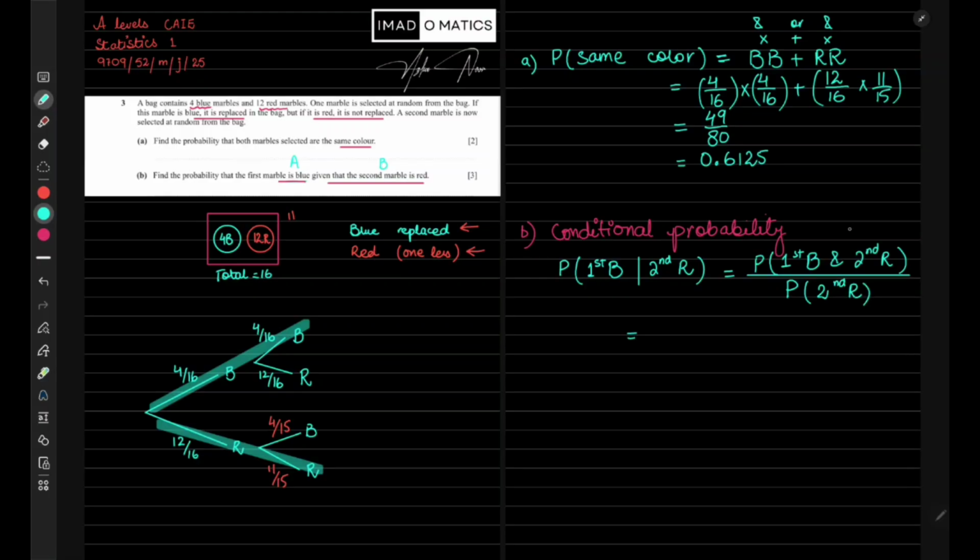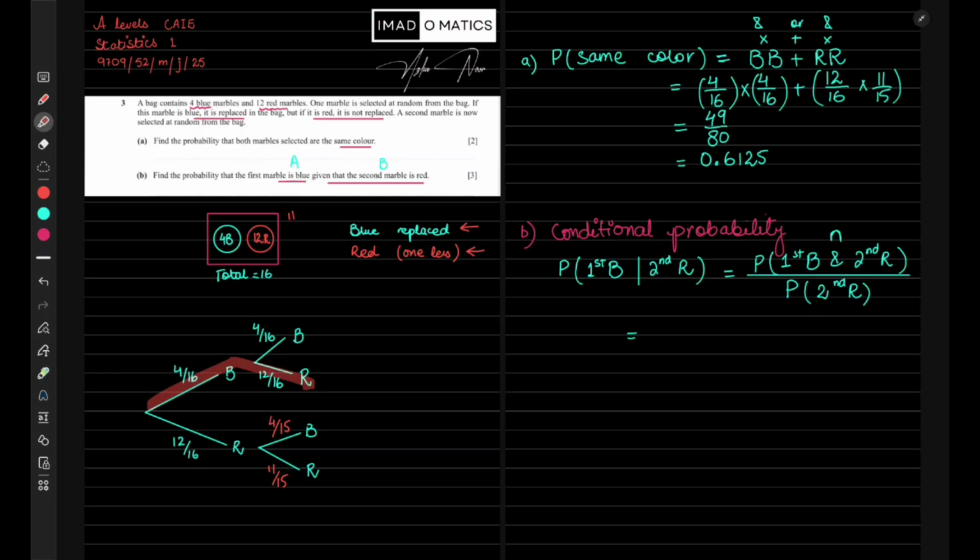Here you can also consider the intersection, first blue intersection second red, what is common between these two. First blue and second red is the only possibility for that.